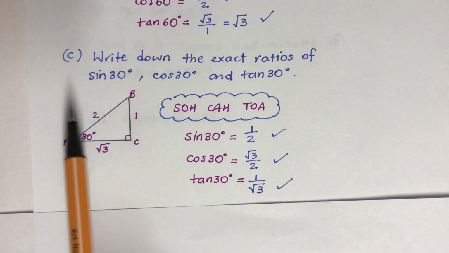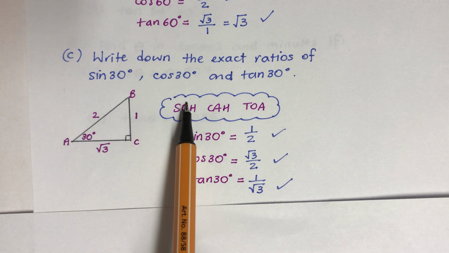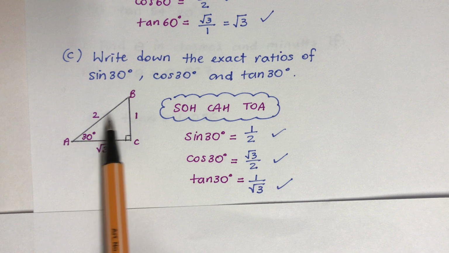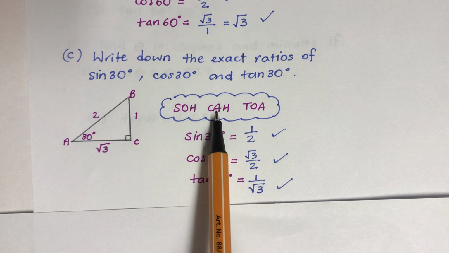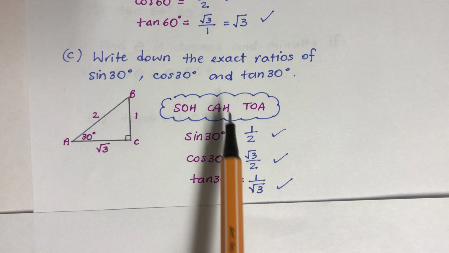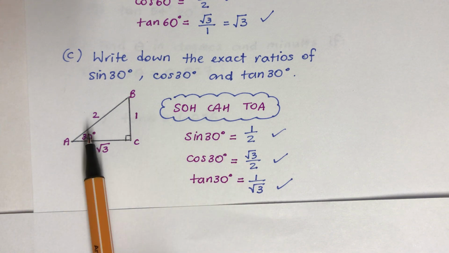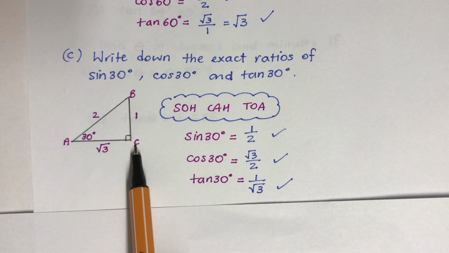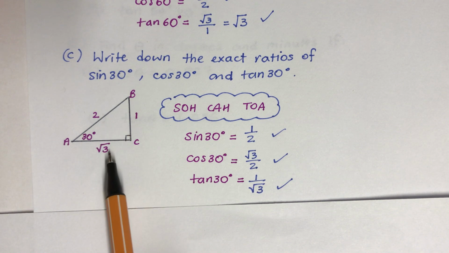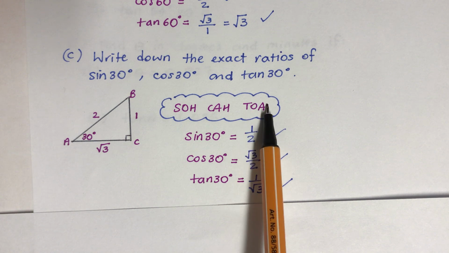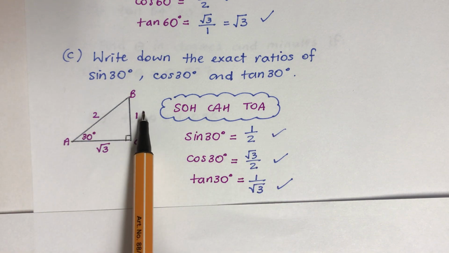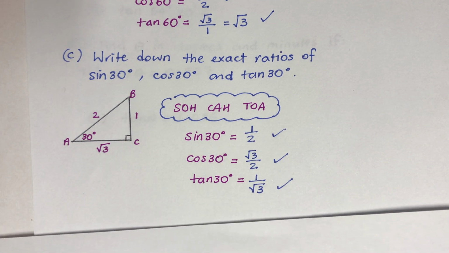So sine 30 will be opposite over hypotenuse, which is a half. Cosine 30 is adjacent over hypotenuse, so root 3 over 2. Tan 30 is opposite over adjacent. Okay, next question.